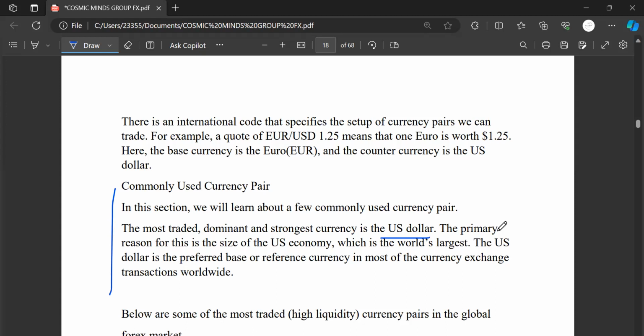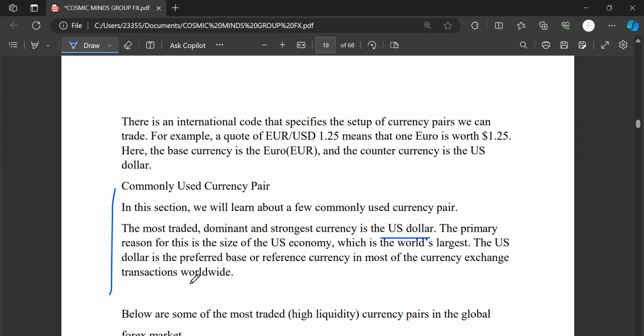You can check that. So we talked about USD, the US dollar, and it's the dominant currency so far. That's what most traders trade, right? Most of the pairs that they trade have USD as a currency in that pair. So that is what we are talking about.